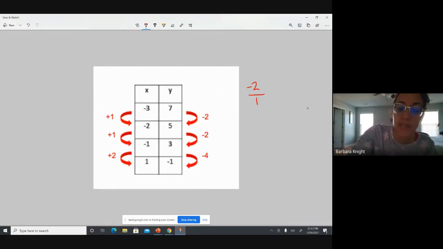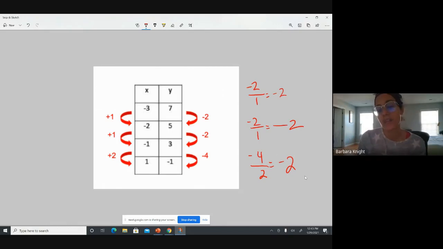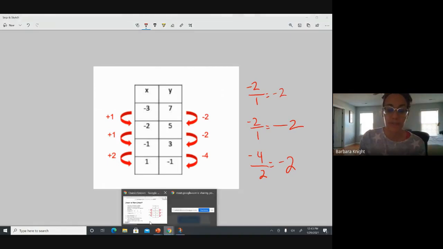For this step here, it's again -2/1, but then it's -4/2. So if you simplify each one of these, -2/1 is -2, -2/1 is -2, -4 divided by 2 is also -2. So as long as you can simplify it to be the same number, then it is a linear function.